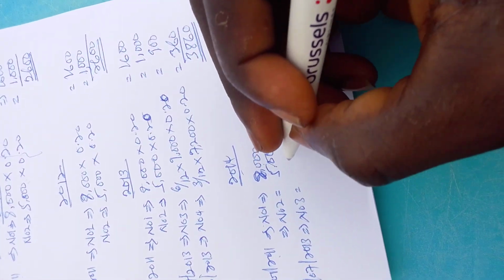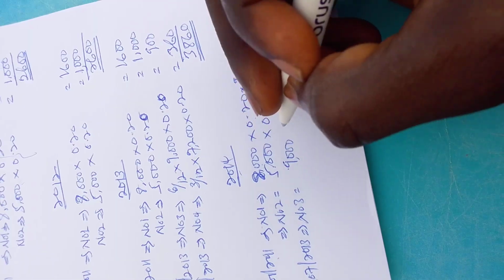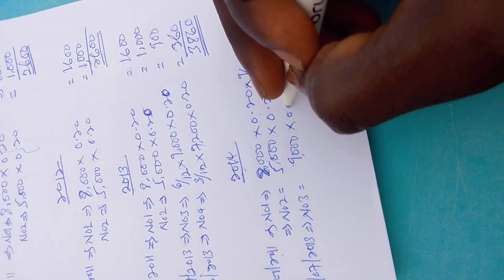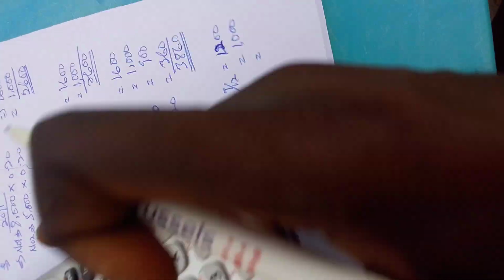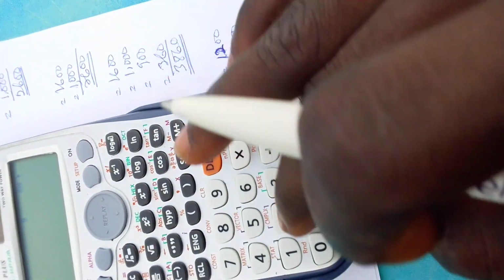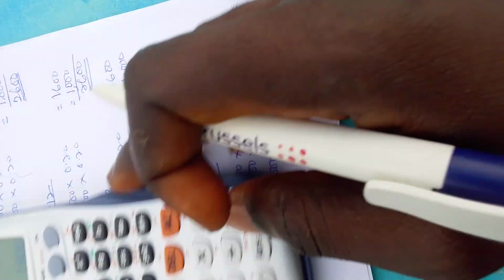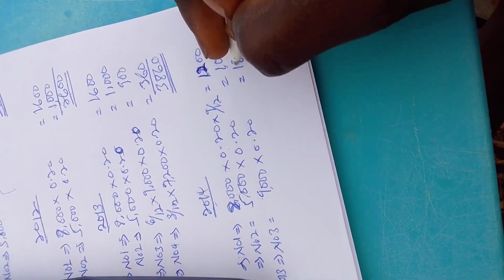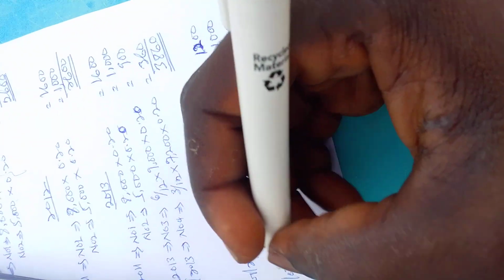So we are just going to do 9,000 multiplying 0.20, which will give us 1,800. That is the depreciation.